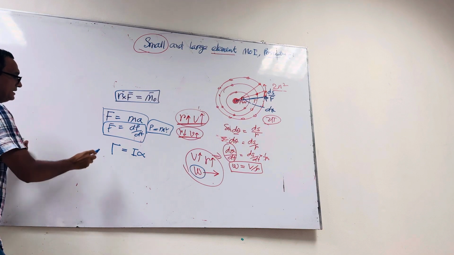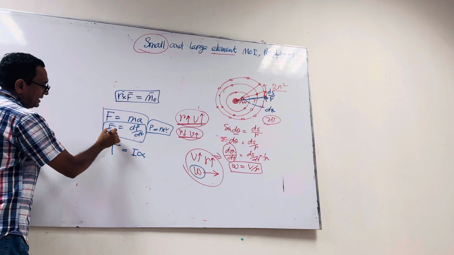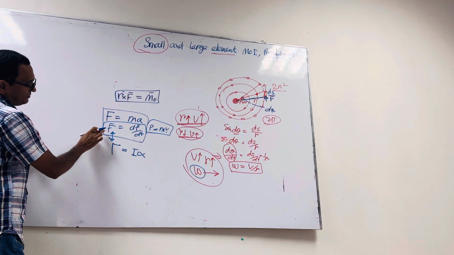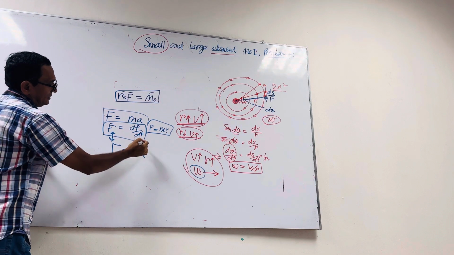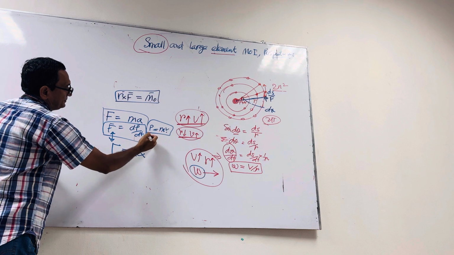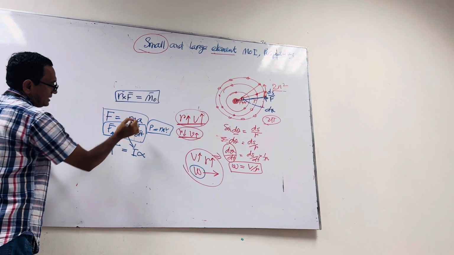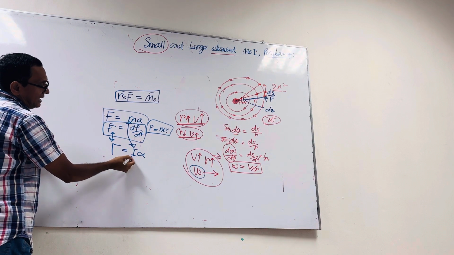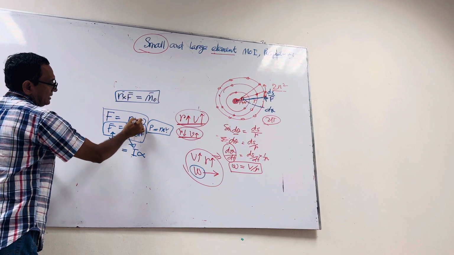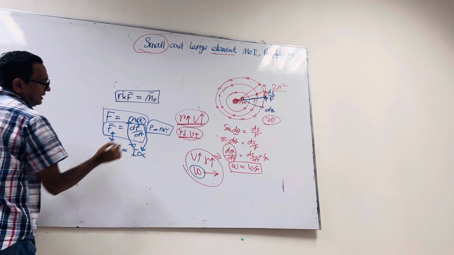So here we make this the rotational force, actually torque, and the linear or translational force is F. Where in the linear case we consider M, and in the rotational case we consider I, and in the translational case the acceleration is A, in the rotational case the acceleration is alpha.